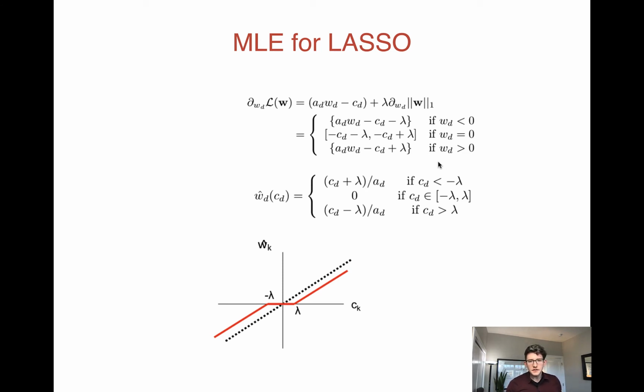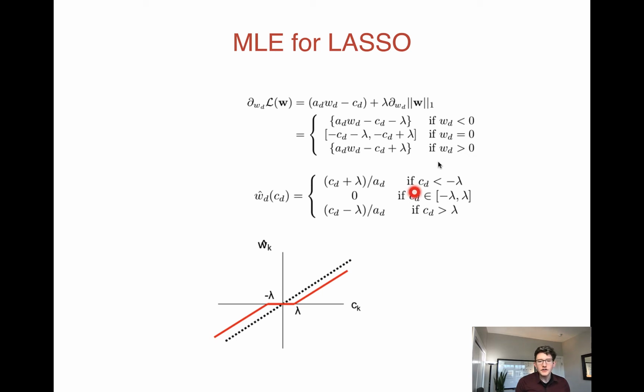Based on this, we can see that we can find the optimum with respect to W, that is, our gradient equals 0, if we compare CD and lambda. If CD is less than negative lambda, that is, if CD is a strong negative number, we can think of CD as like the correlation between this feature and our response, the thing we're trying to predict, our label.